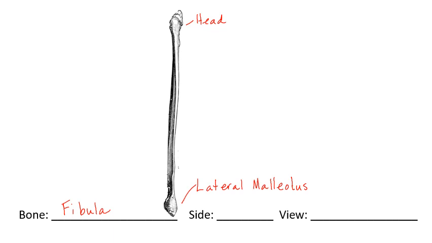So this is on the right side. Therefore, this is a right bone in ventral or anterior perspective. That's a pretty simple one.